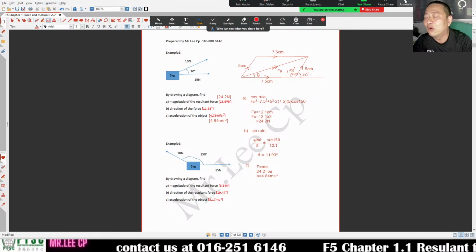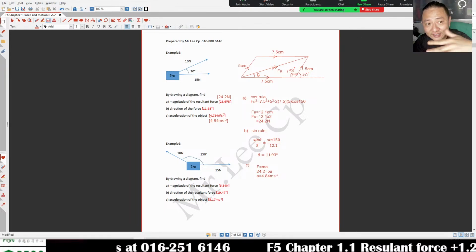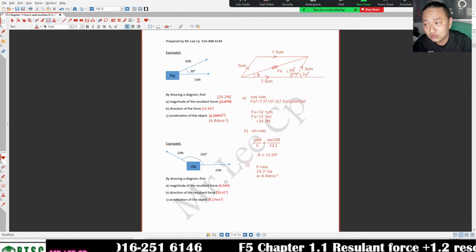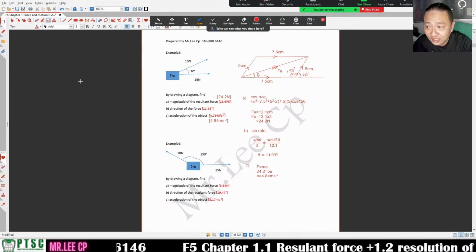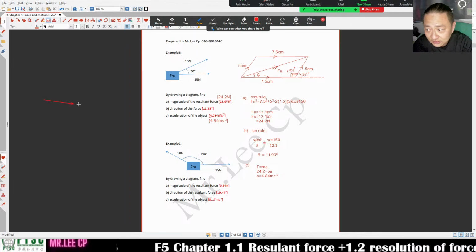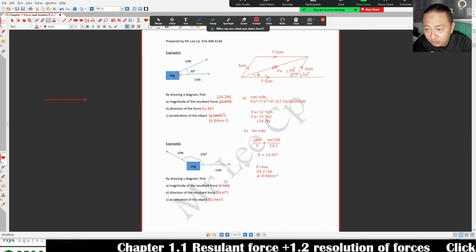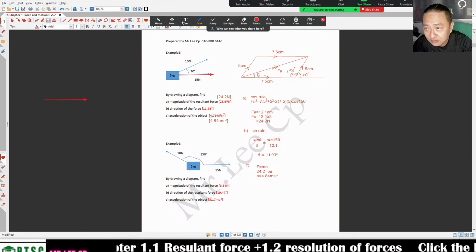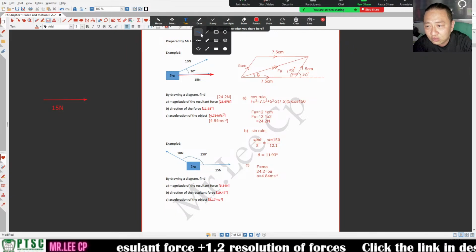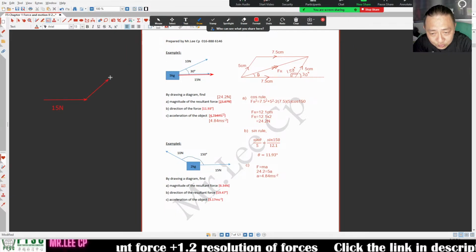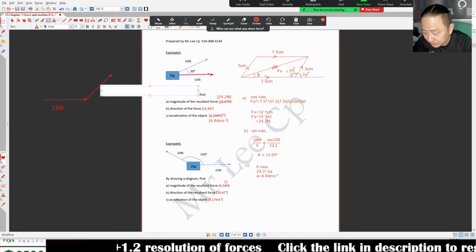Before I forget, the direction here we are going to learn in detail in resolution of force. If you draw it as a triangle, you pull this force, 15 Newton, and you have another force pushing, 10 Newton.